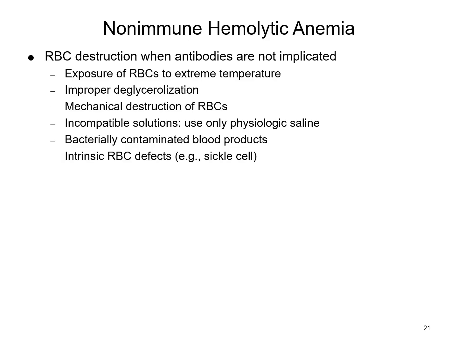Now, your non-immune hemolytic anemia, this is again when you have that red blood cell destruction taking place. There could be other causes. We talked about it being due to a mechanical type issue, but there are other things that can cause that hemolysis of those red cells. It could be that those red cells are exposed to extreme temperatures.